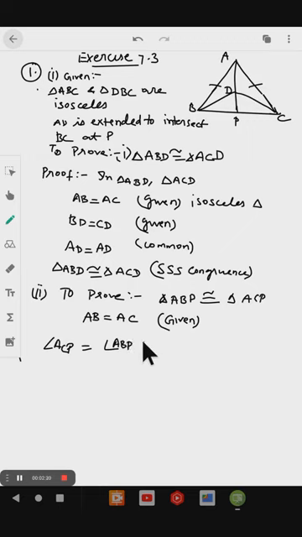This is the condition: angles opposite to equal sides are equal.